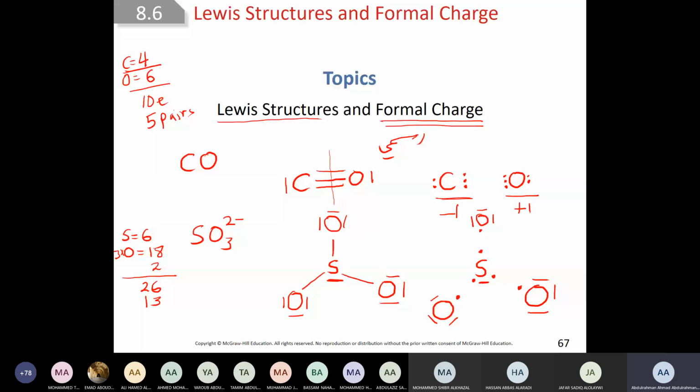Okay, so what I did, instead of the bonds, I made them as dots. Now, is this the right structure? Are you following the structure?